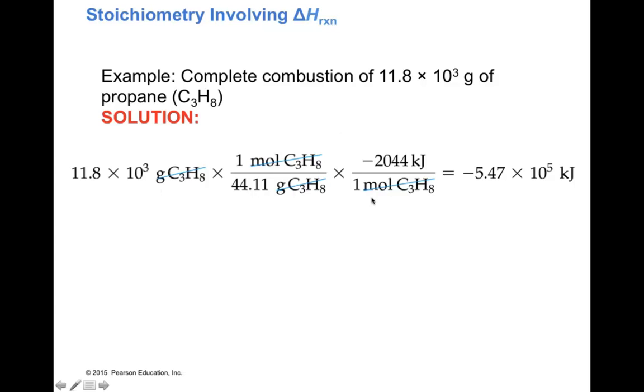When we do all the mathematical operations, we multiply this times this and then divide by this. This is equal to negative 5.47 times 10 to the fifth power kilojoules. That means this is the amount of energy that is released. Negative means released, okay? That is released in the process.